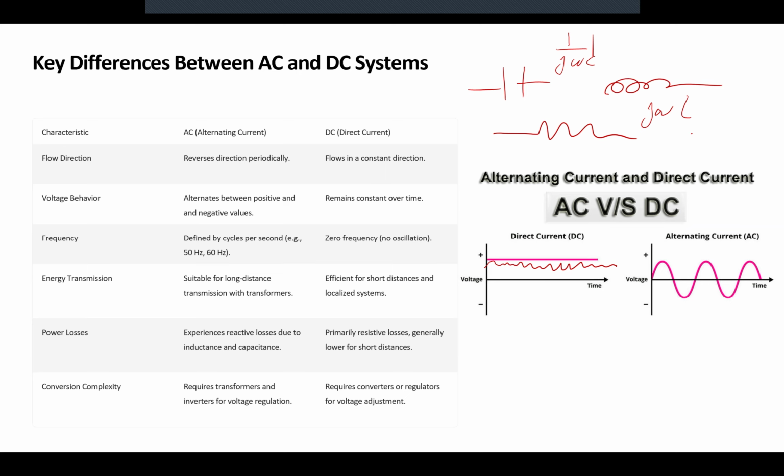Open circuit, short circuit. Now when we have an AC system, we have a value other than 0 for our frequency. So now our system depends on frequency. The model that we have for our system depends on frequency.